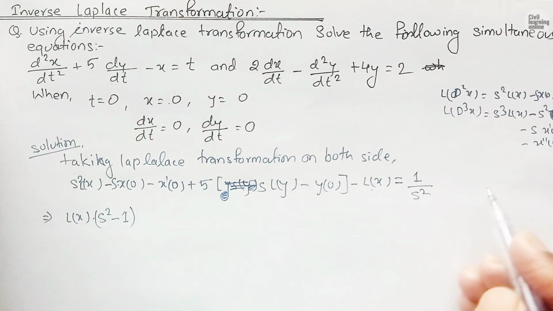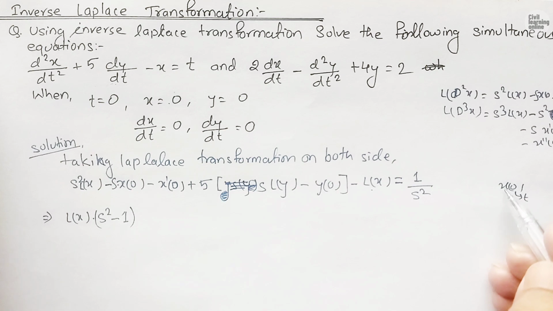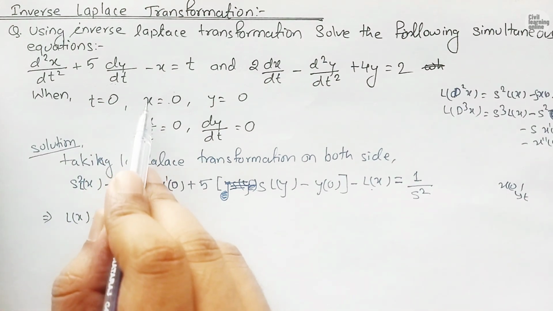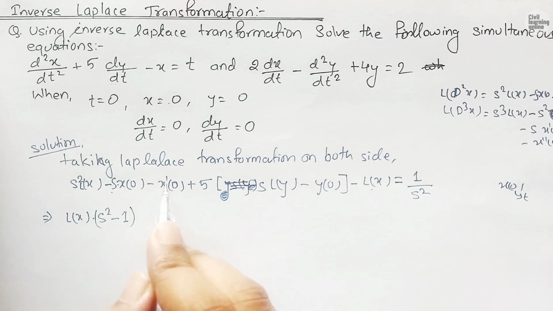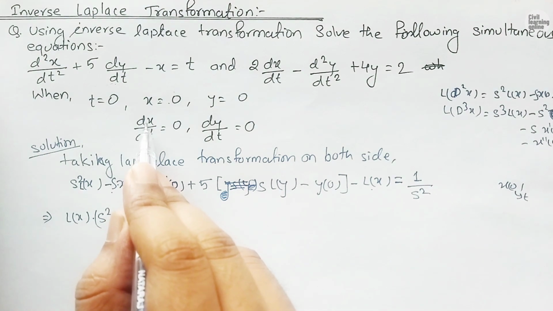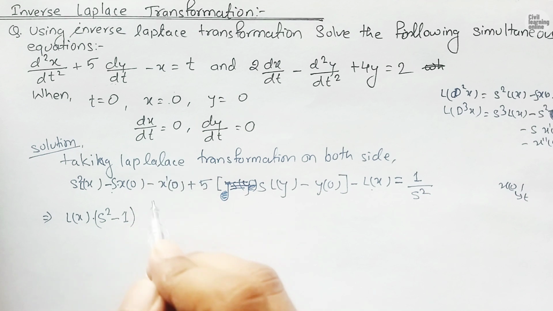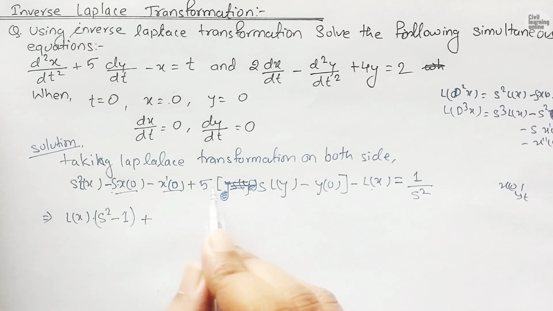At t equals 0 we have x equals 0, so this portion becomes 0, and x dash 0, that is dx by dt equals 0, will also be 0.